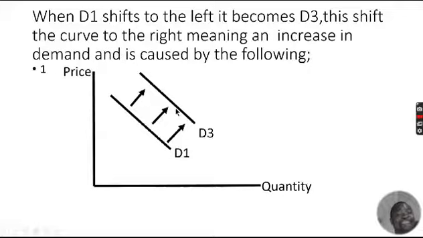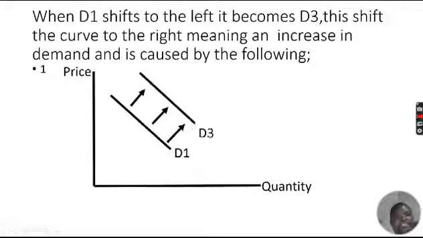It's the right. I'm sorry, forget about that word. D1 shifts to the right. That means an increase in demand. Have we seen? This one has shifted from here and has become this.